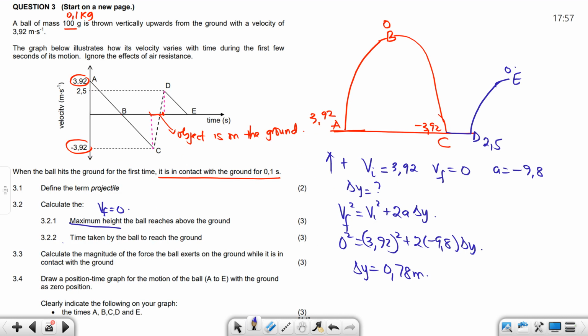Let's run quickly. Calculate the magnitude of the force that the ball exerts on the ground while it is in contact with the ground. Now, once you see a question that is talking about force, you are going to bring in F net equals delta P over delta t. But I want you to read something. It says, while it is in contact with the ground.